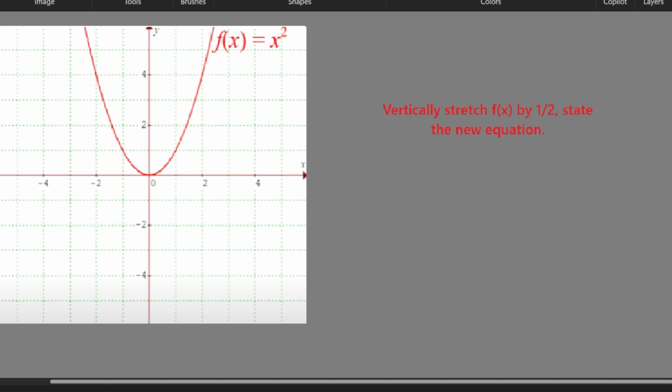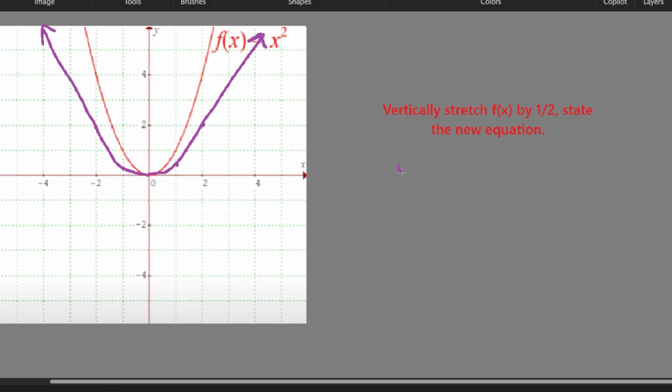So let's just do precisely that. Y equals 1, there. 4 equals 4 divided by 2. It'll look something like that.